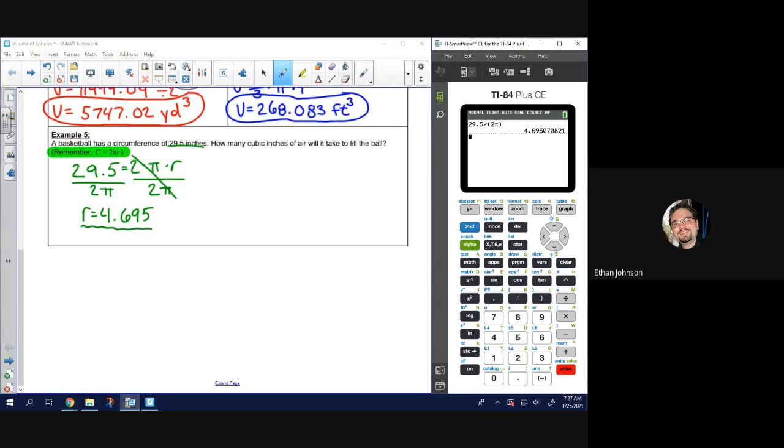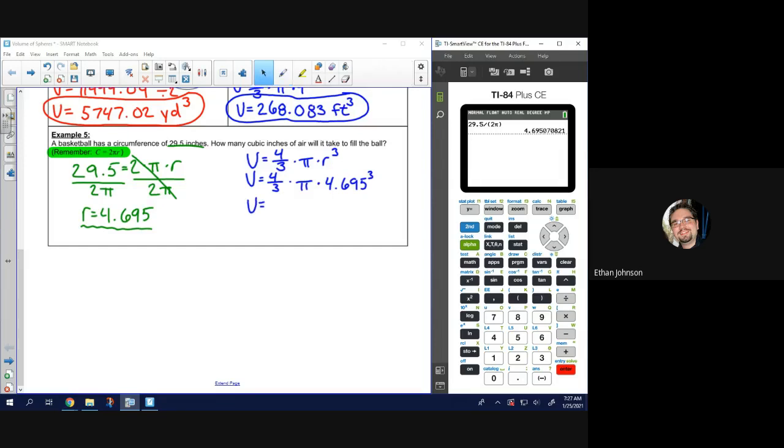Now I'm going to use that and find volume. Remember, volume equals 4/3 times pi times our radius cubed. Or in this case, volume equals 4/3 times pi times 4.695 cubed.